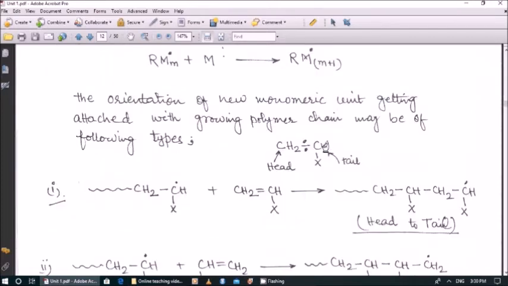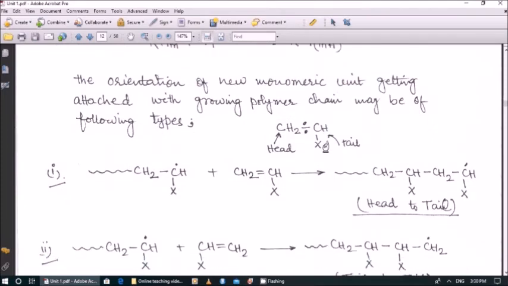Okay, the orientation of the new monomeric unit getting attached to the growing polymer chain may be of the following types. Here the custom is to call the symmetric carbon atom the head and the asymmetric carbon atom the tail.